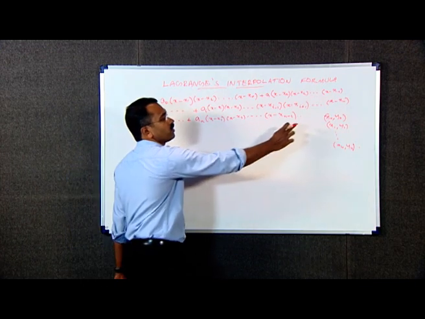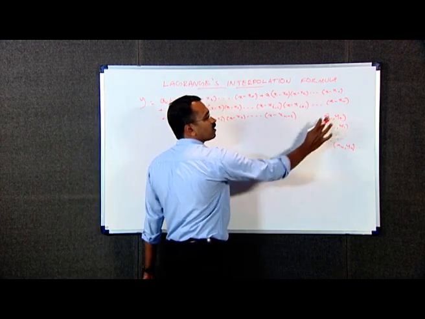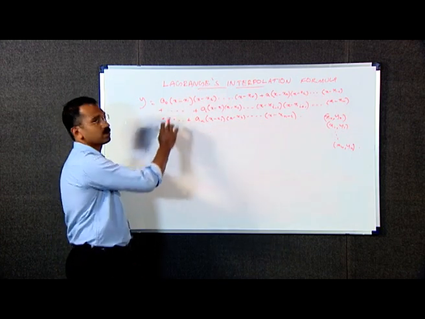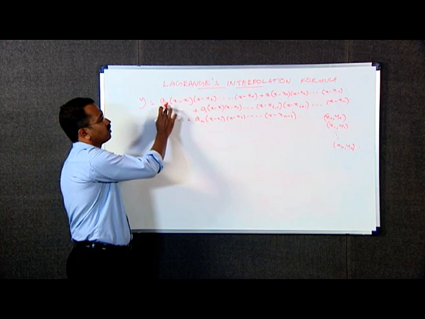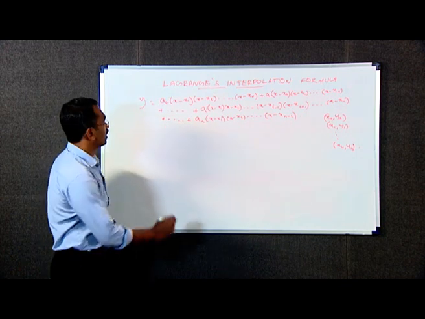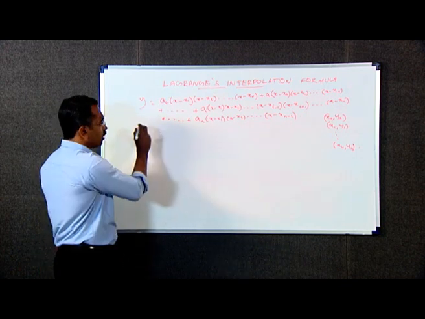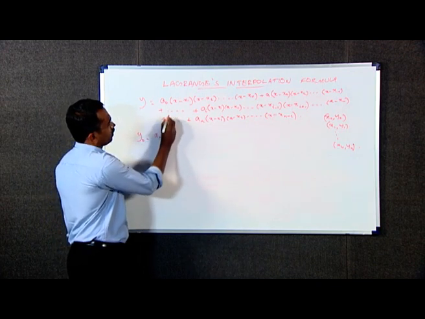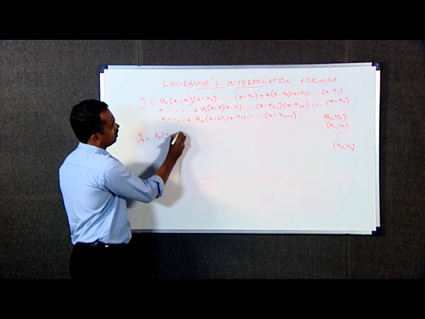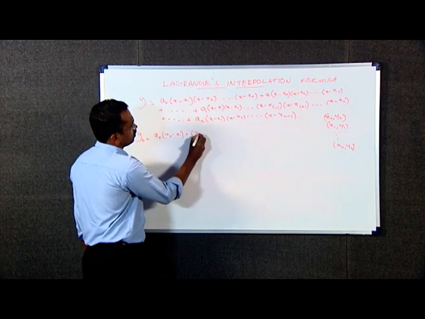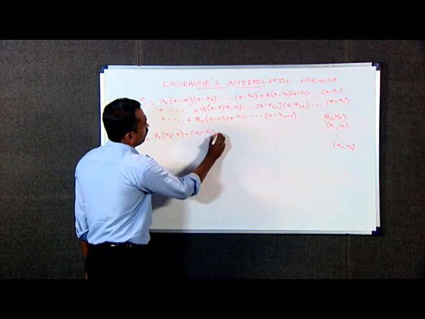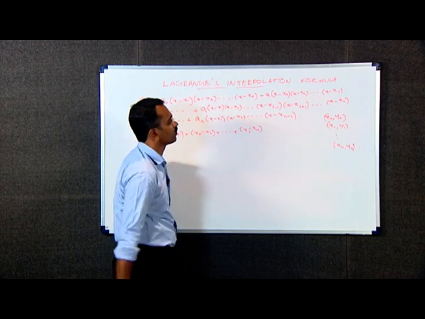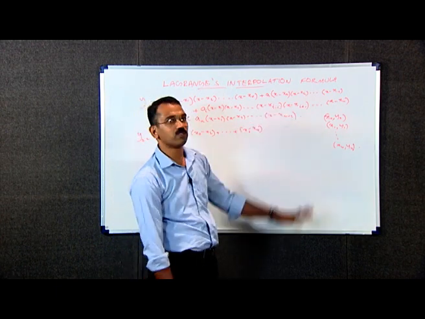Now, we substitute the first pair, that is for x equal to x naught and y equal to y naught, then we will get the constant a naught, that is y naught is equal to a naught into x naught minus x1 into x naught minus x2 into etc. into x naught minus xn, and all the other terms will become 0.